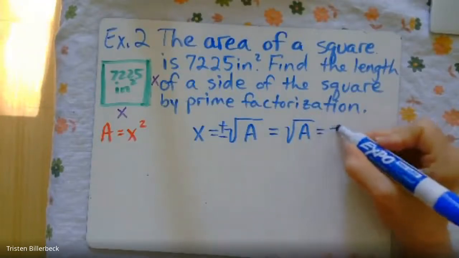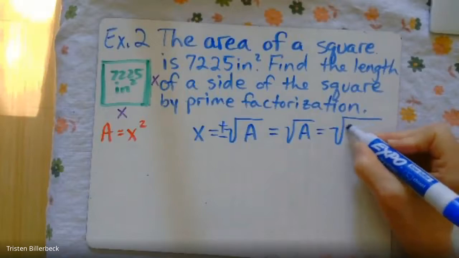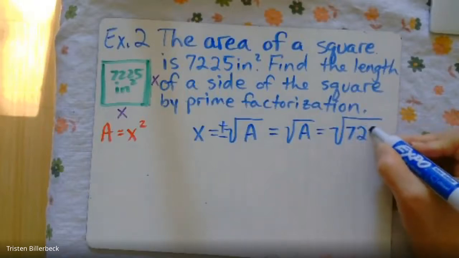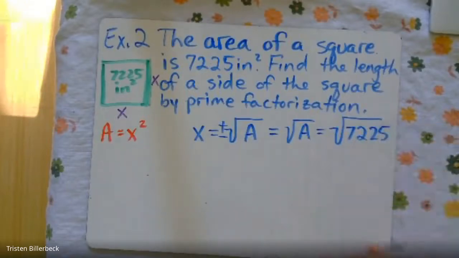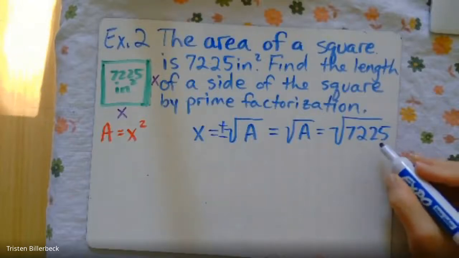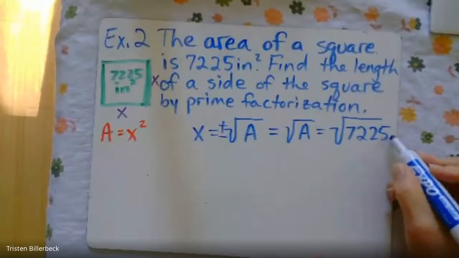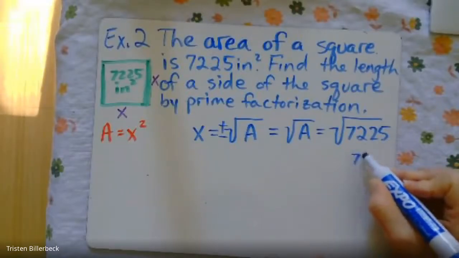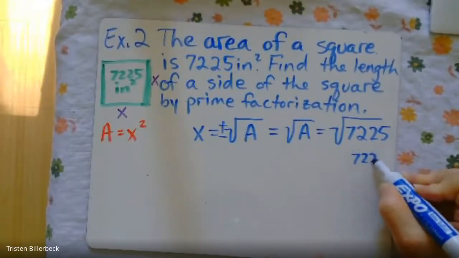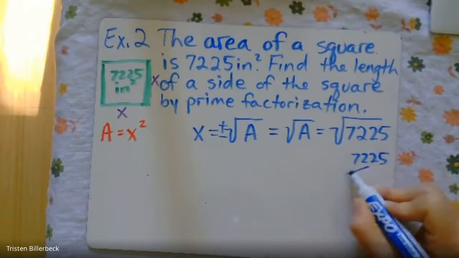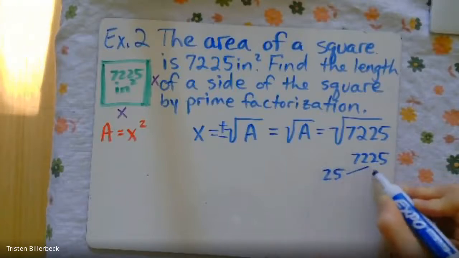So now we put in our number, 7,225. We need to prime factorize and see what 7,225 is broken down into. We can take a 25 out because it's ending in a 25. We want to do this fairly quickly because this is a big number. So let's take a 25 out.